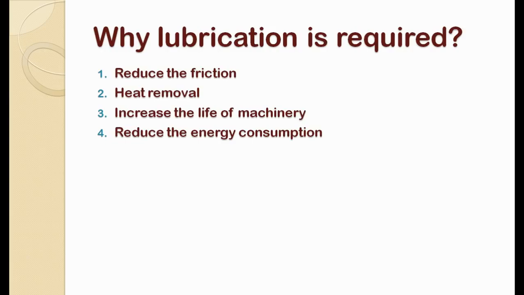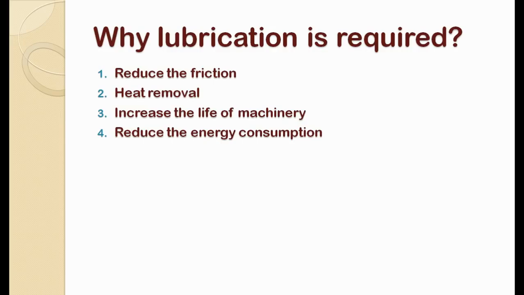As we have seen, whenever two surfaces slide over each other, heat gets generated. By lubricating these two surfaces, we can reduce the friction, so that the heat generated will be less. And whatever small amount of heat gets generated even after lubrication can be carried away from the surfaces using lubricant.